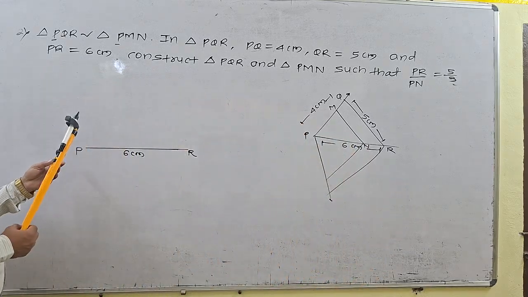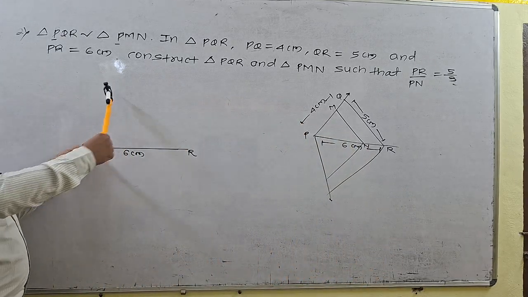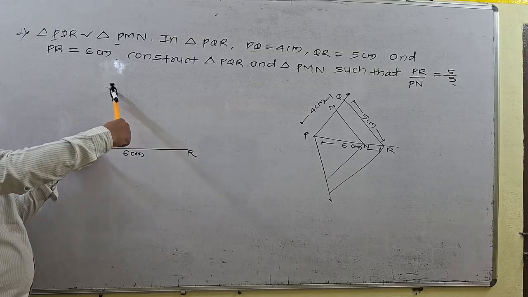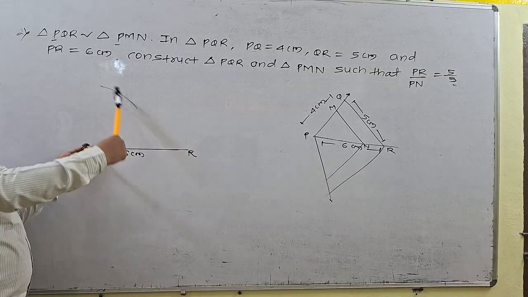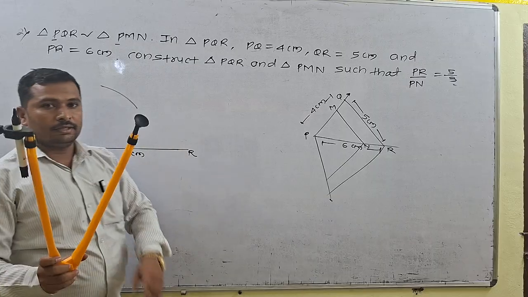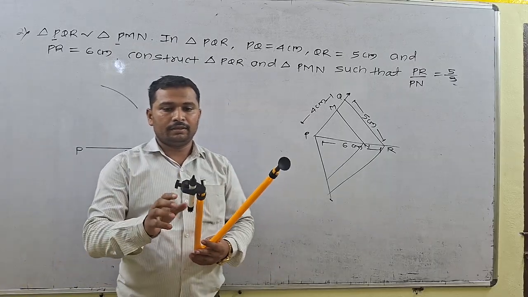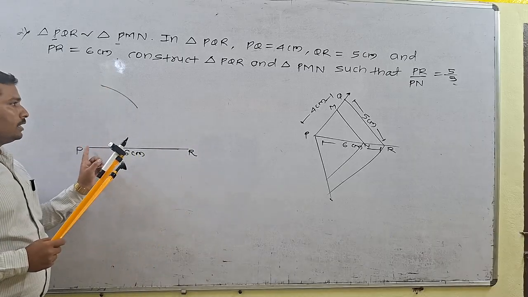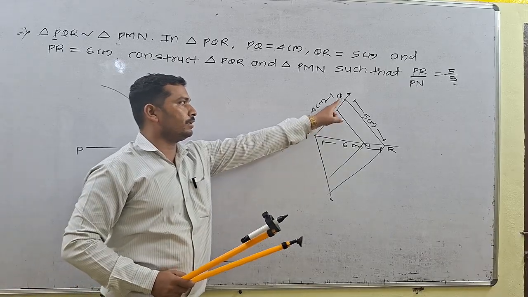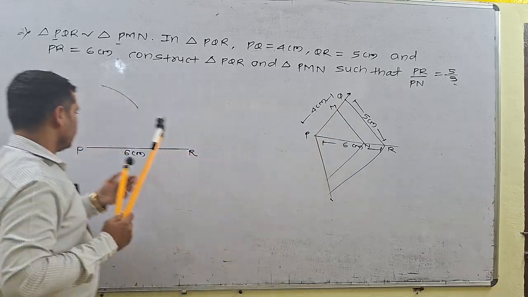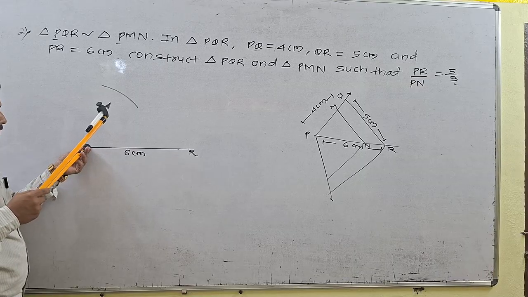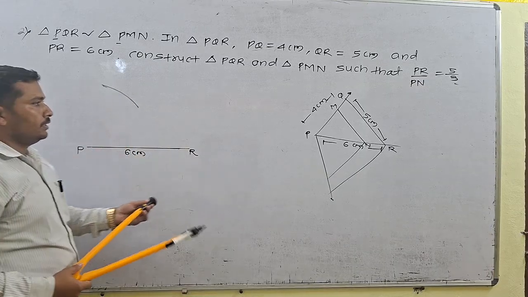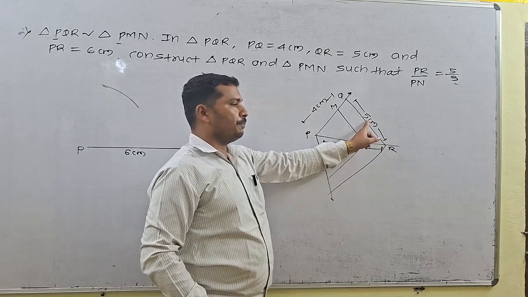The distance between P and Q is 4 centimeters. Now again look here. There is 4 centimeters. The next distance in your compass is 5 centimeters.